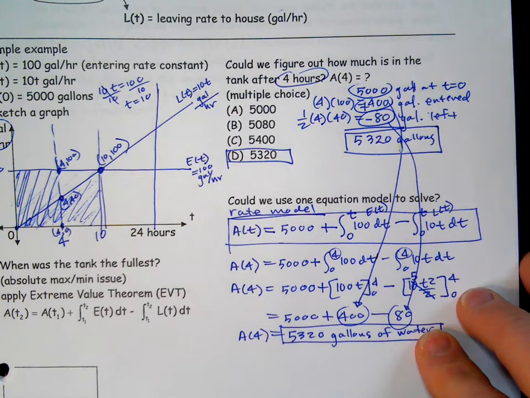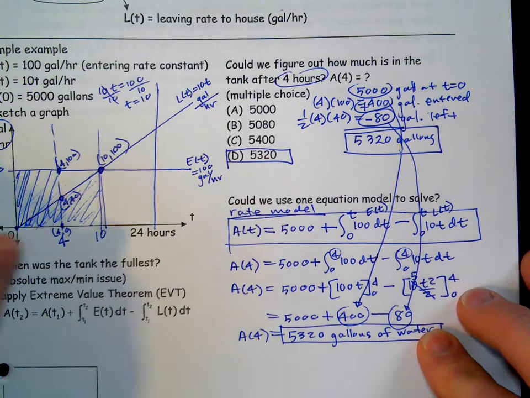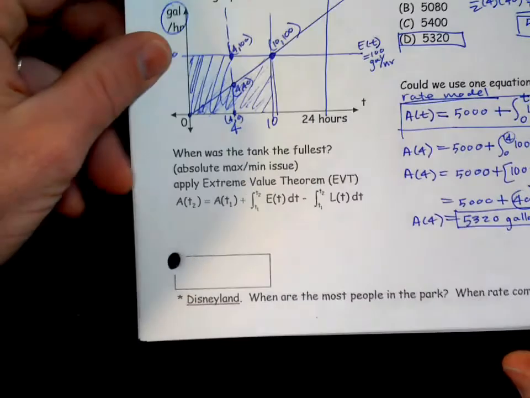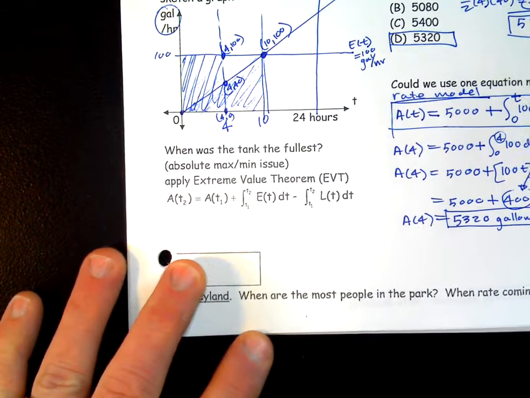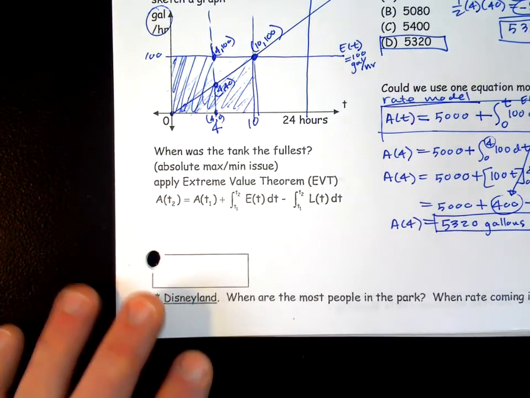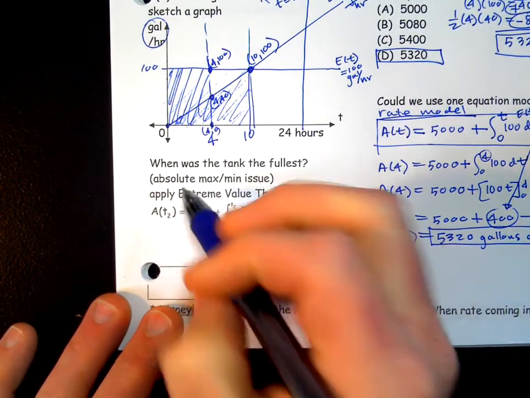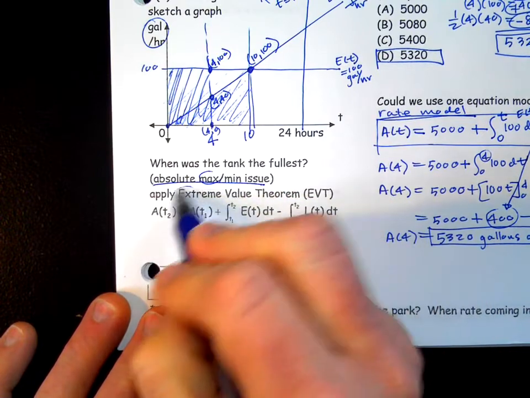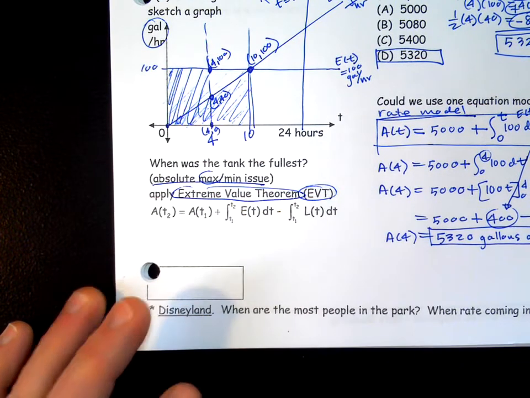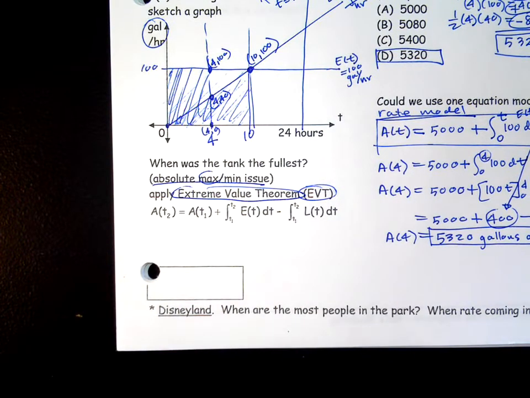Another really common question is to ask you about some kind of extreme scenario involving the word problem that you're doing. So in this case, we could say, when is the tank the fullest? That's an absolute max-min issue, which is extreme value theorem, EVT, which we've used a lot this year, but I feel like we've taken a break from it.